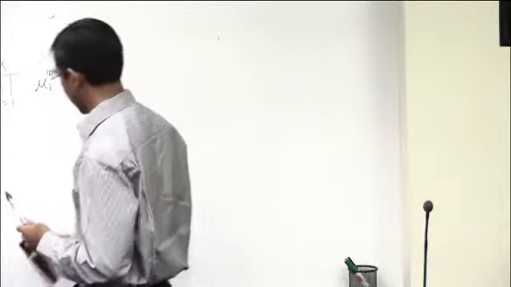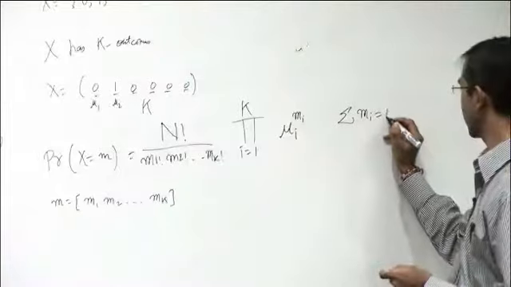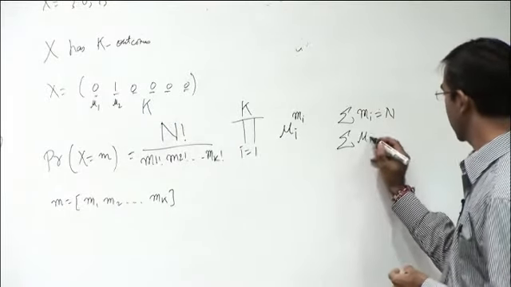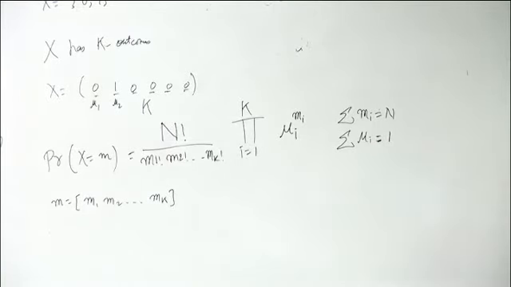Actually, sorry, here you don't need that. Here you have this extra constraint, right? That summation mi is equal to n. I was just generalizing binomial, and that's why I made the mistake. Sorry.